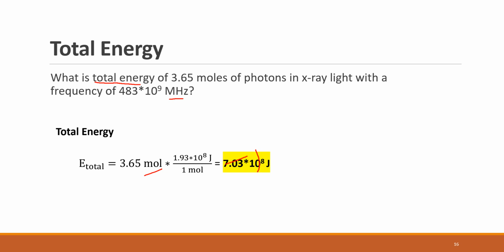Excuse me, let me erase this so you can see that last step a little bit better. Multiply it by the moles they gave in the problem. So the 3.65 moles they gave in the problem, multiplied by the energy per mole we calculated to get a value of 7.03 times 10 to the positive 8th joules.